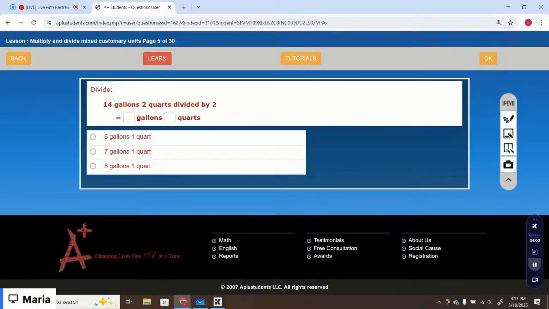15 gallons, 2 quarts divided by 2. You have to divide both the values by 2. So which is the correct option?